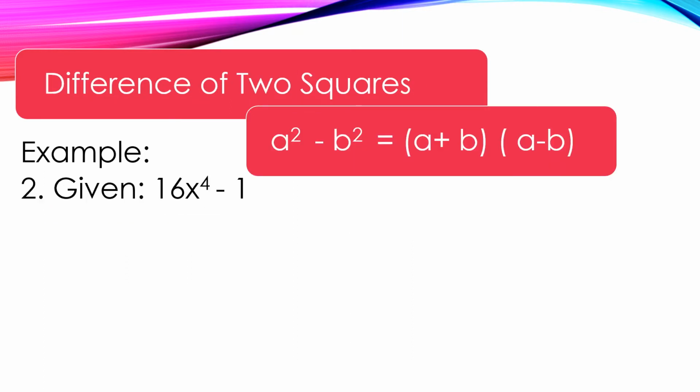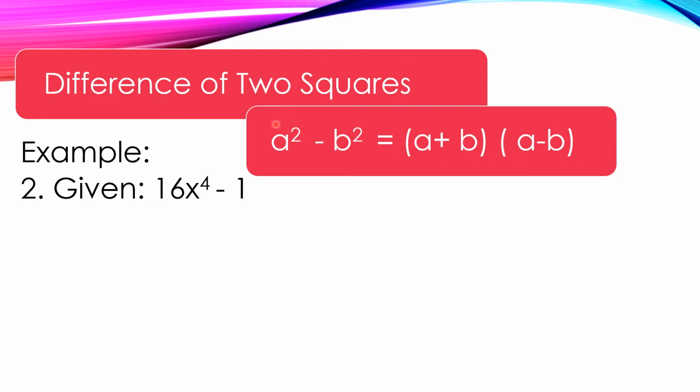Next example is 16x to the fourth minus 1. To factor it, we're going to use our knowledge in difference of two squares. The pattern is a squared minus b squared equals the quantity a plus b times the quantity a minus b.